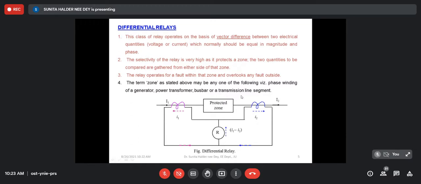And a transmission line segment. Within a line segment, always the current should be a single one. If that divides, that means deviates, that means there is a fault within that line segment. But application of differential relay is mostly for winding protection, for a generator, for a transformer, or any type of winding.